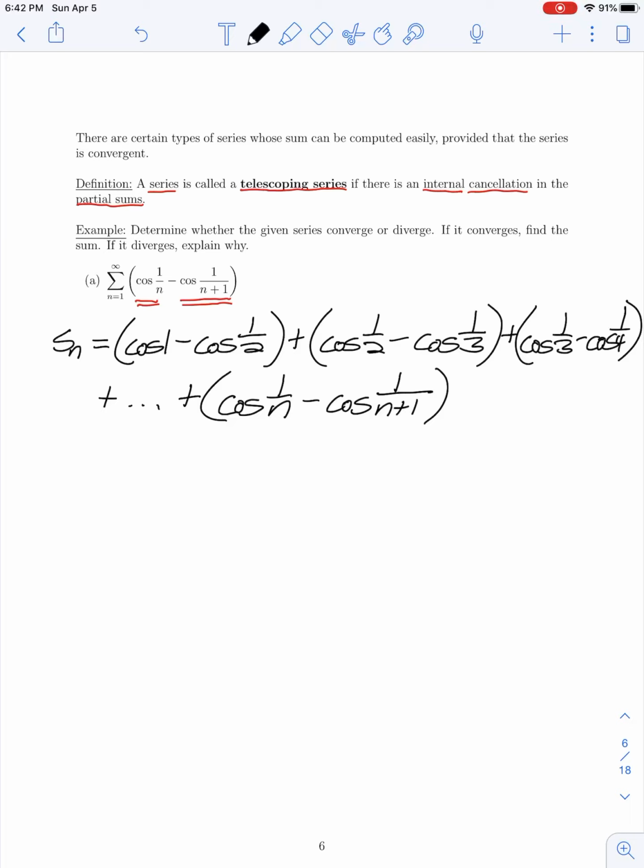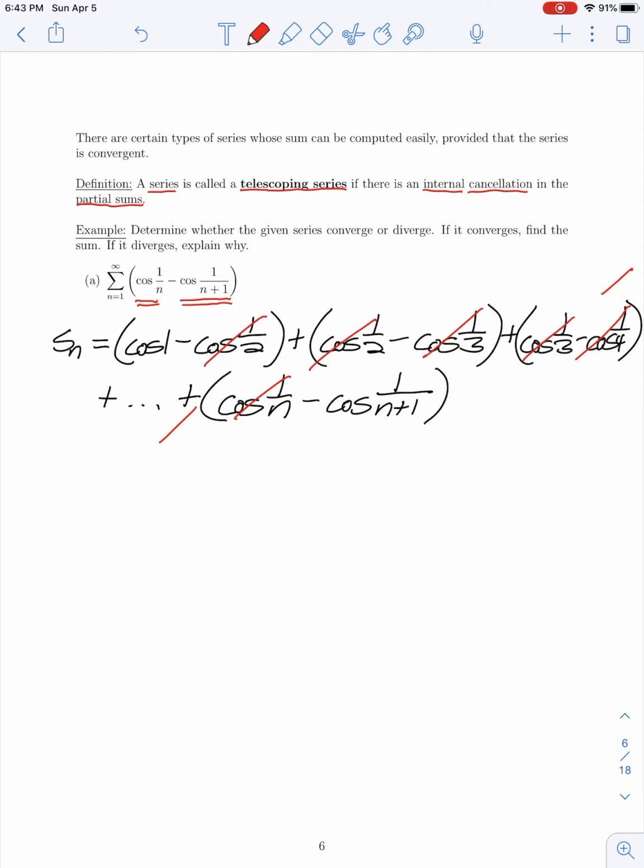So we see if we write out our nth partial sum that some of these internal terms are going to cancel each other. In this example, our minus cosine 1/2 and plus cosine 1/2 cancel. The cosine of 1/3, our next term, this negative cosine of 1/4, is going to cancel with the next term that we wrote out, which would be cosine 1/4 minus cosine 1/5. And these terms will keep canceling. And then for this last term, our cosine of 1 over n will cancel with the term just before it.